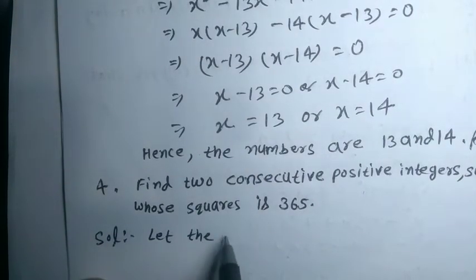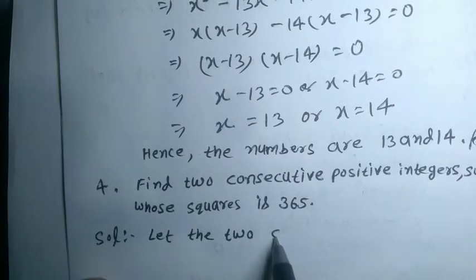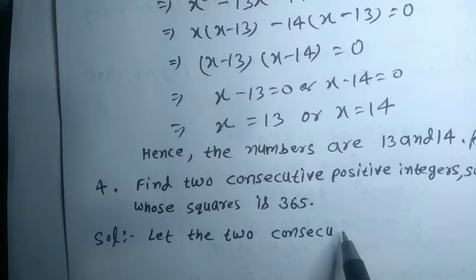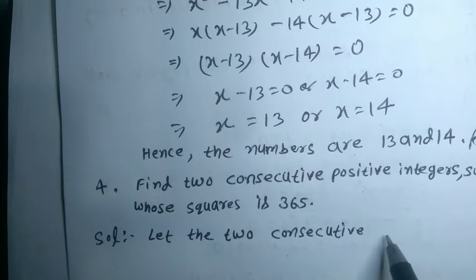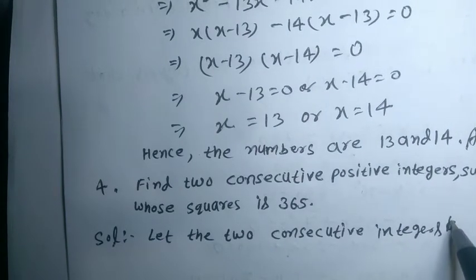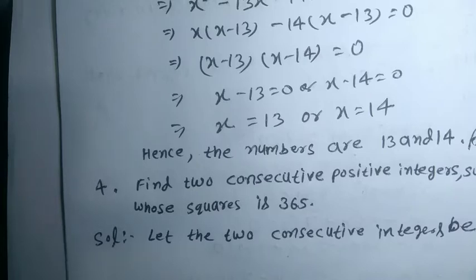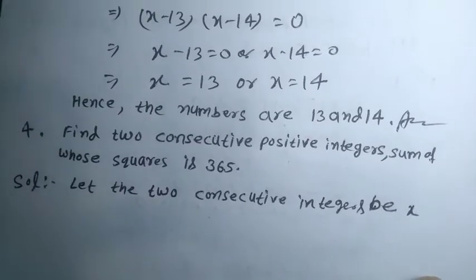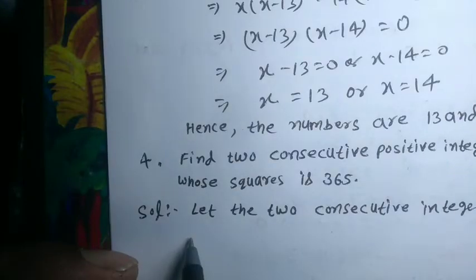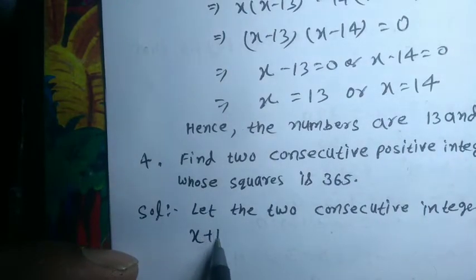So we write here, let the two consecutive integers be x and x plus 1.